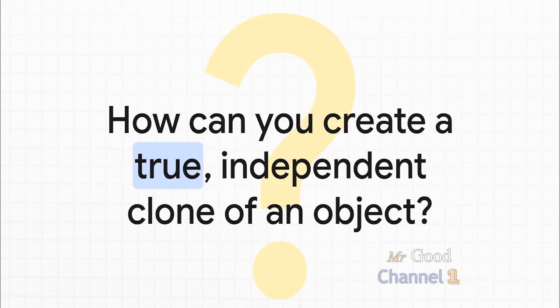And that leaves us with one final interesting question to chew on. If we now know that a simple equal sign doesn't actually copy an object, how would you do it? What techniques are out there in JavaScript to create a true structural clone, a completely new, separate object that has the same data but can be changed independently? Well, that's a great topic for another time.